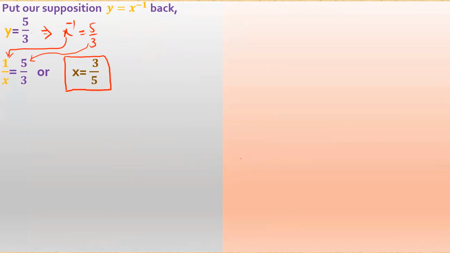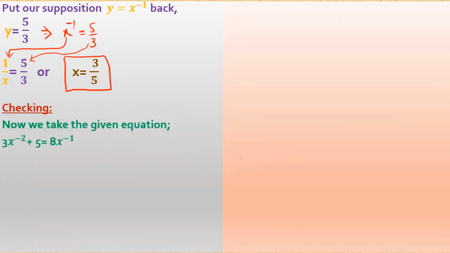Okay, now let's verify whether these solutions actually satisfy these equations or not. Now we take the given equation, okay? Given equation is 3x raised to the power minus 2 plus 5 is equal to 8x raised to the power minus 1. This is our given equation. Now let us substitute x is equal to 1.